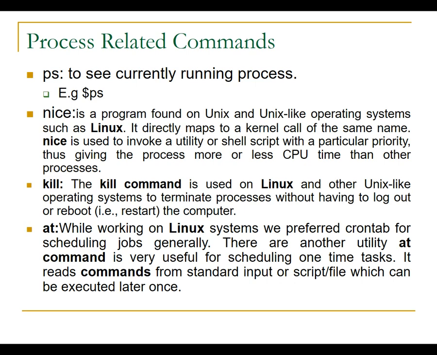Nice is a program found on Linux and Unix like operating systems. It is directly mapped to the kernel call of the same name. Nice is used to invoke a utility or shell with a particular priority by giving a process less CPU time than the other processes. This is the functionality of nice.